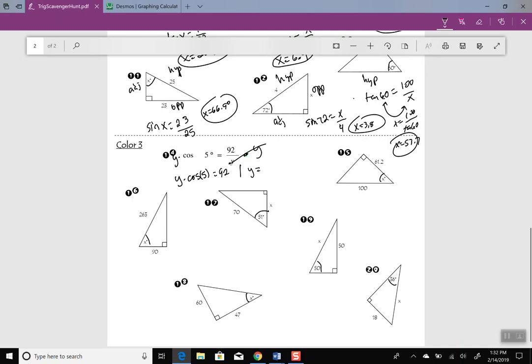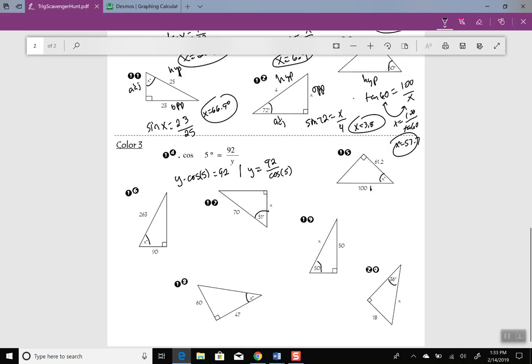So that becomes y equals 92 divided by cosine of 5. The shortcut just being to realize that if you flip the y and the cosine of 5 degrees, that cross multiplication, you can just go ahead and flip it and get your answer. So 92 divided by cosine of 5 degrees is that one.